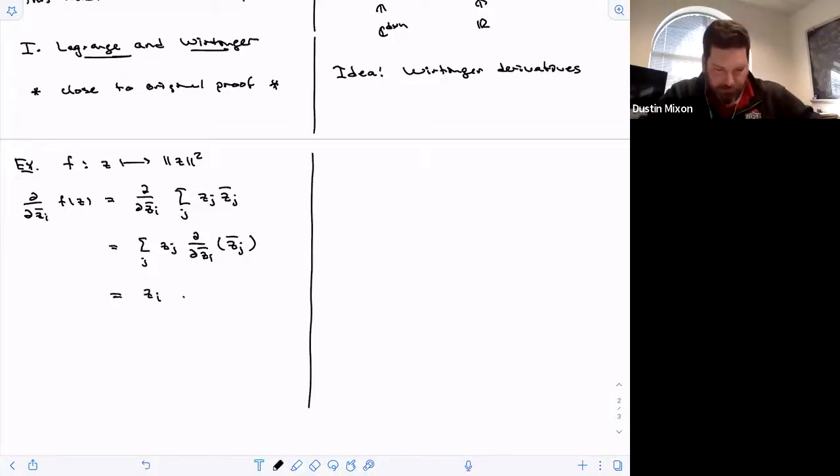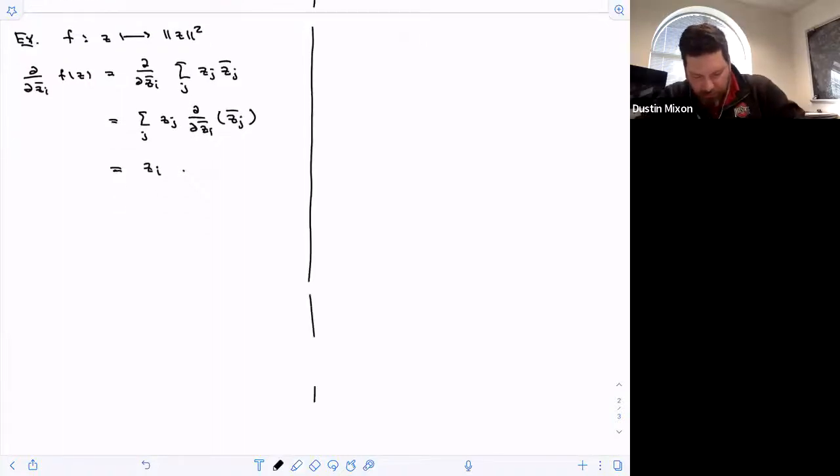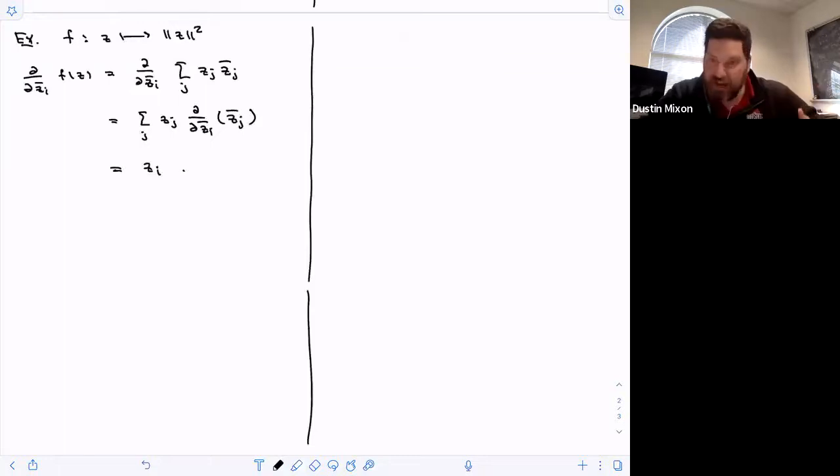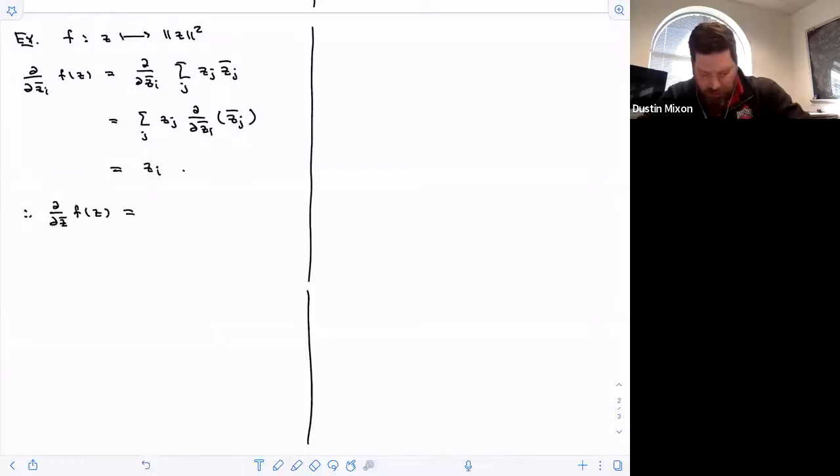Okay. So if I were to stack all of these Wirtinger derivatives together, I would get a vector that's the partial with respect to z bar of f of z. This is just the vector of these numbers stacked together, namely z. Okay.